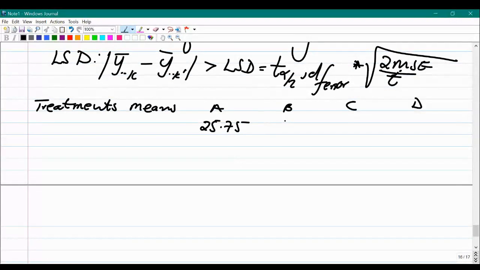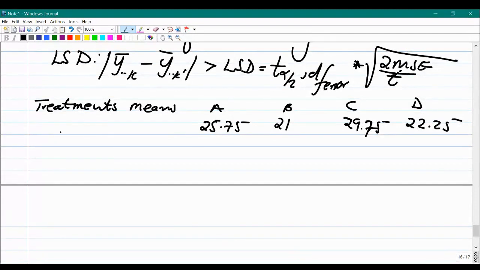The second treatment? 21. Confirm the values, please. 29.75. The last one? 22.25.